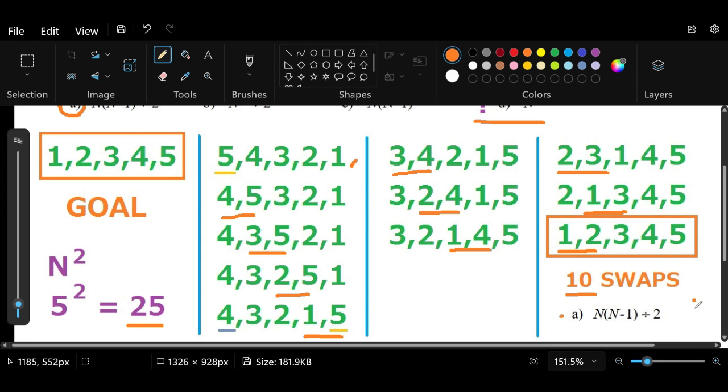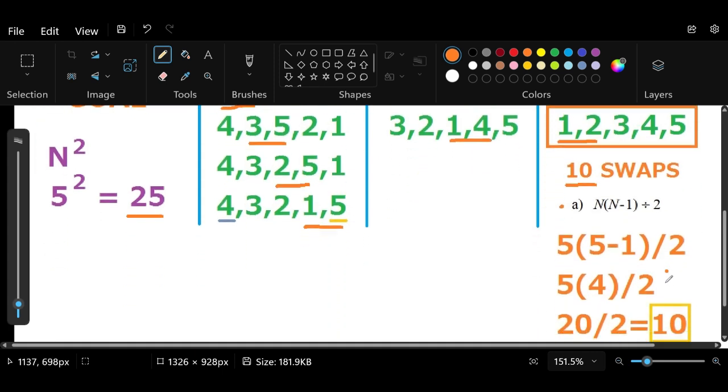Now, regarding the answer letter A, we need to check too if the output would be correct. So if we got 5 as the number of elements, would we get 10? And if we put in the value for n, which is 5, and do this computation in this way, 5 times 5 minus 1 divided by 2.